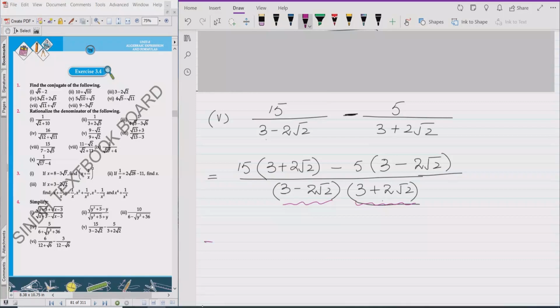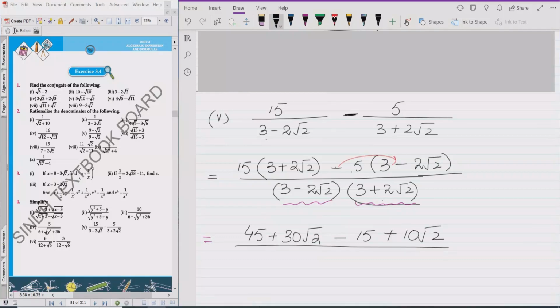Now we will simplify: 15 multiplied by 3 is 45, and 15 multiplied by 2 is 30 root 2, right? Minus 5 times 3 is 15. Now minus minus is plus, so we get plus, and 5 times 2 is 10 root 2, right?